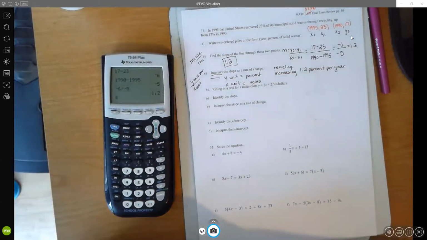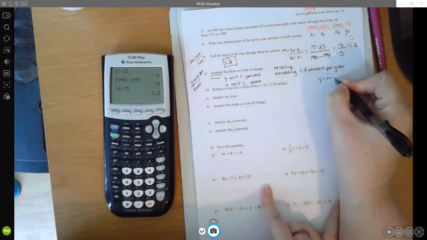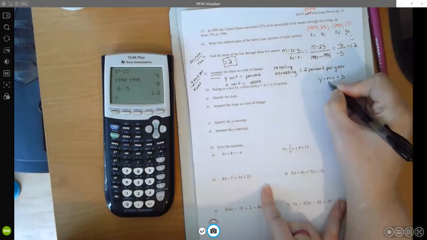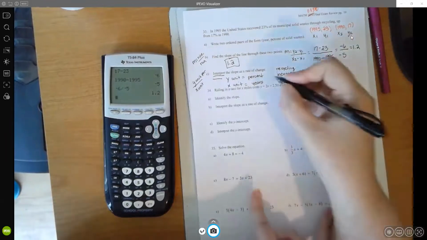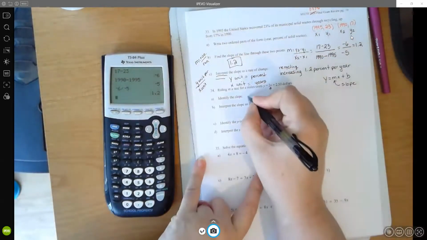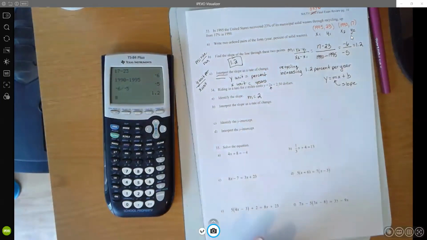Number 34 says riding in a taxi for x miles costs y equals 2x plus $2.50. And identify the slope. The slope is always the number in front of the x. Remember, y equals mx plus b. M is the slope. It is the number in front of the x. So the number in front of the x is 2. So the slope is 2. It is not 2x. It is the 2 itself. So interpret the slope as a rate of change.